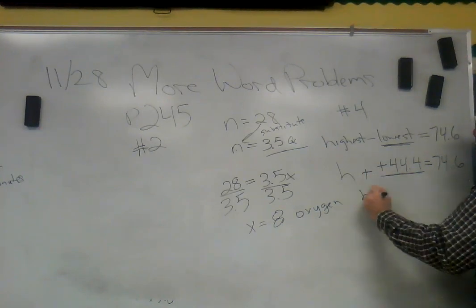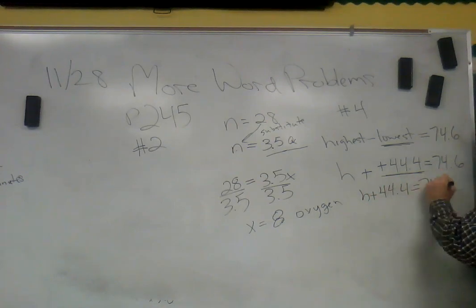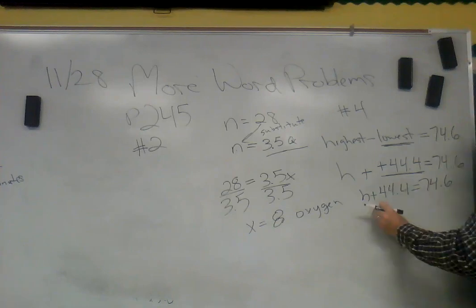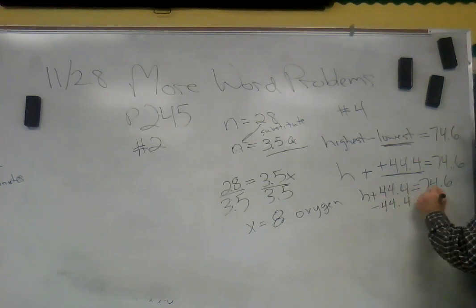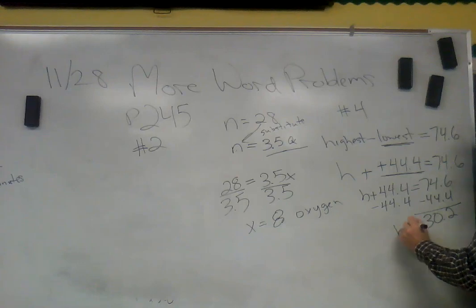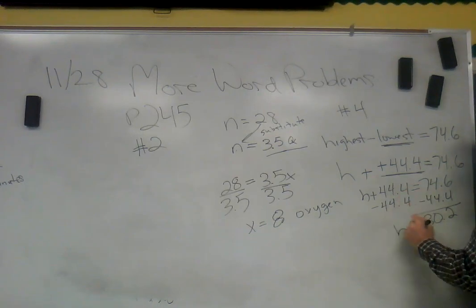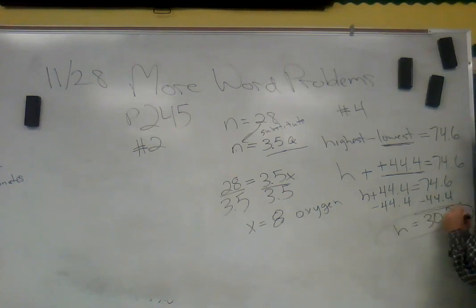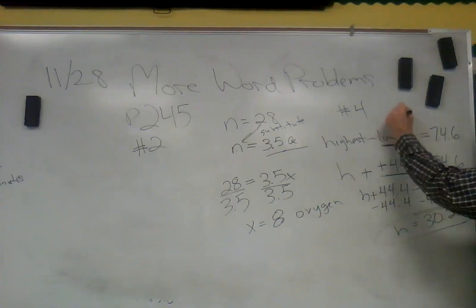So now basically what we have is H plus 44.4 equals 74.6. To get rid of plus, minus. So we get 30.2 is our temperature. Yes, that's correct. I was trying to decide why that didn't seem correct, but this one was negative to start with.